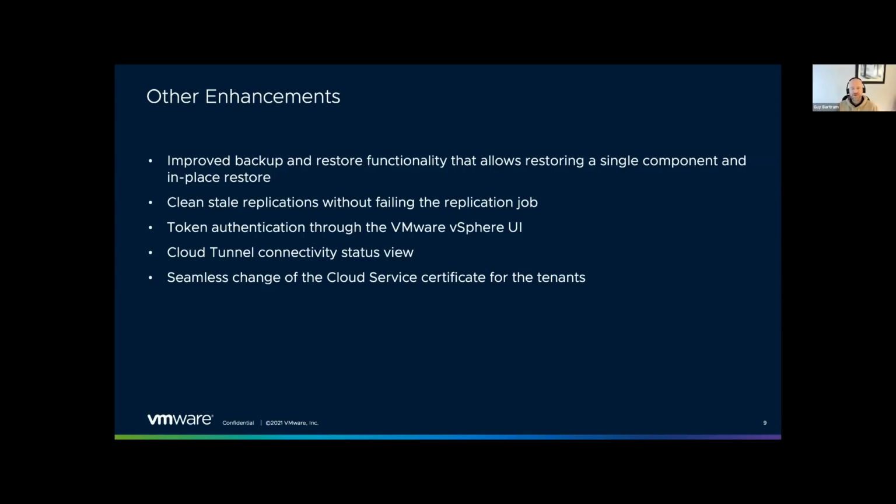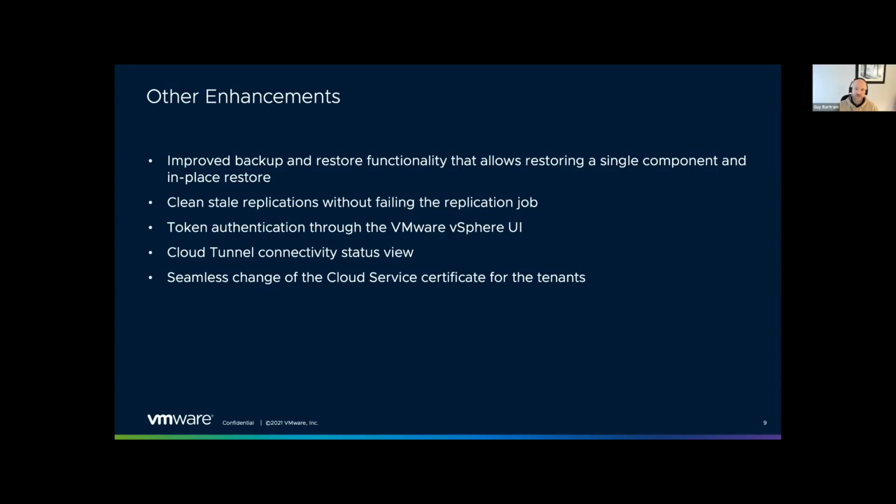Your backup restore is now pretty solid and doesn't need all of the stringent requirements it had before, getting rid of the operational time it takes to find, replace and delete zombie replications. The token authentication is really going to increase the speed at which a provider can onboard a customer.